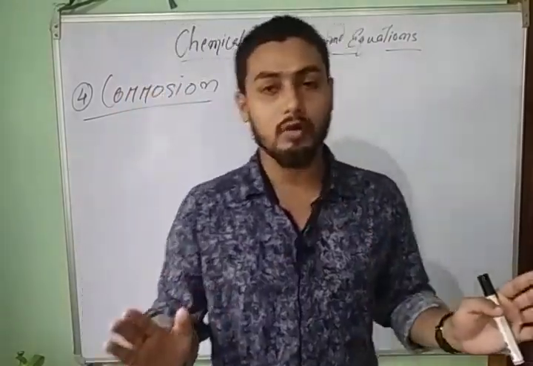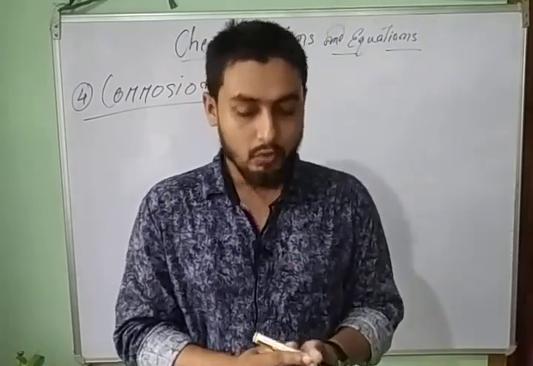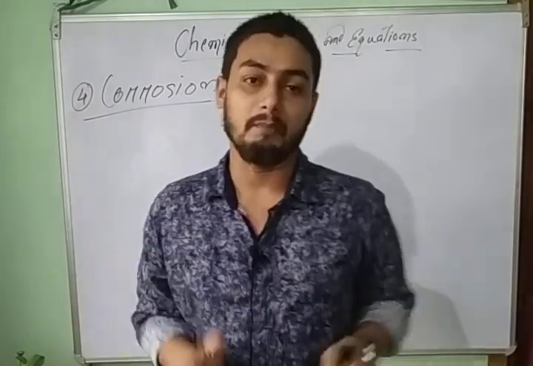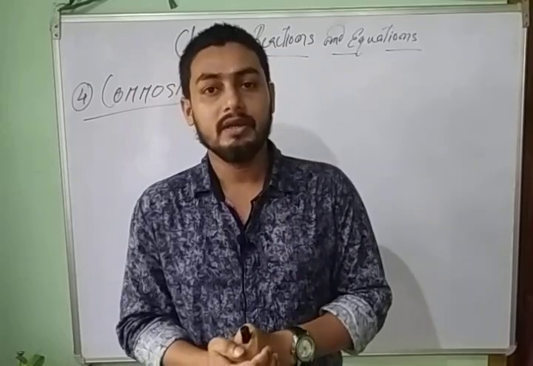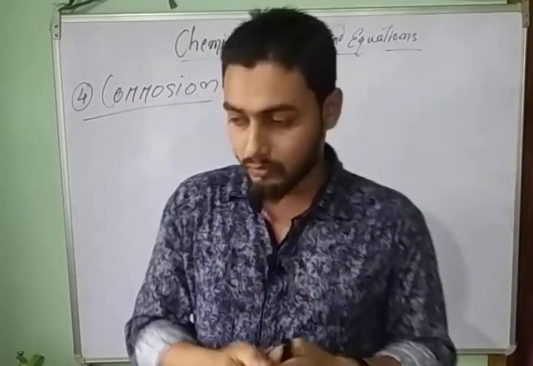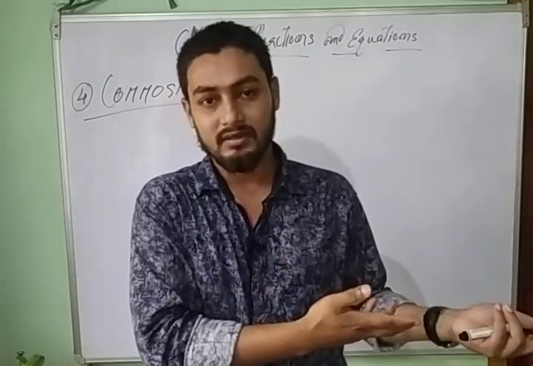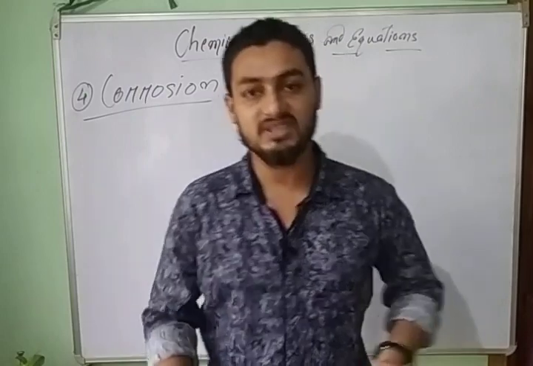All pure forms of metal always try to form some stable product, some stable compound, and to form this stable compound, the pure metal reacts with oxygen, water, and forms something, and in this way the pure metal gets corroded, and the process is called corrosion.